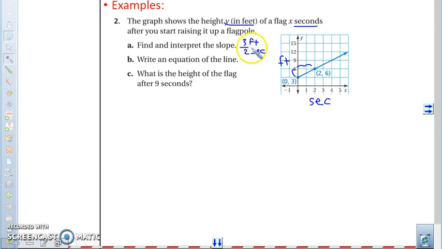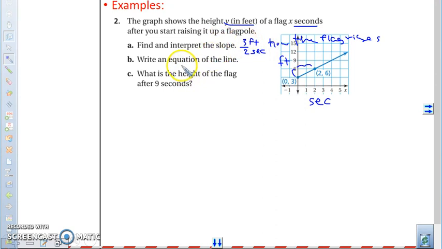So 3 feet every 2 seconds is how much the flag rises. You can say even speed for this is the speed at which the flag rises.